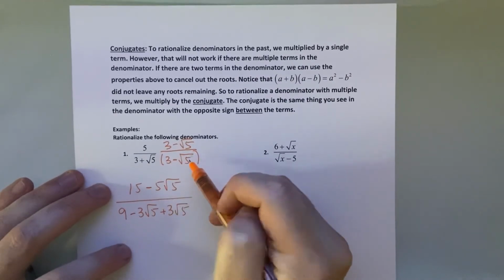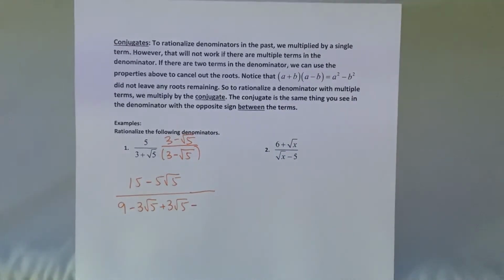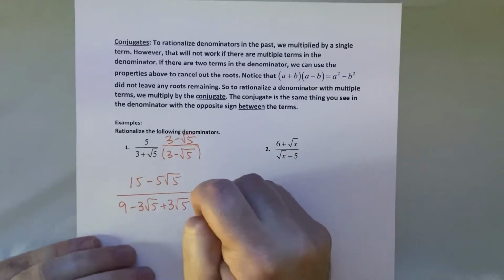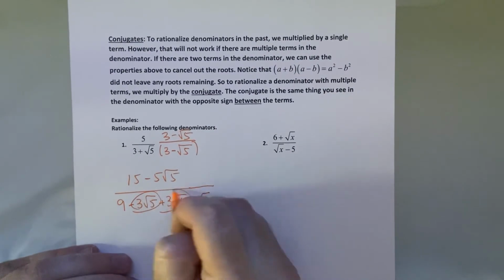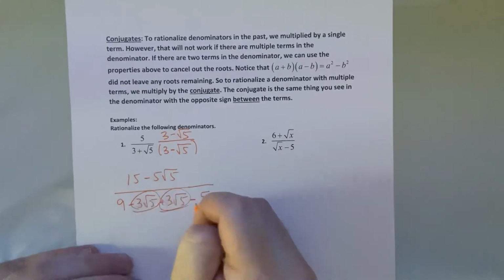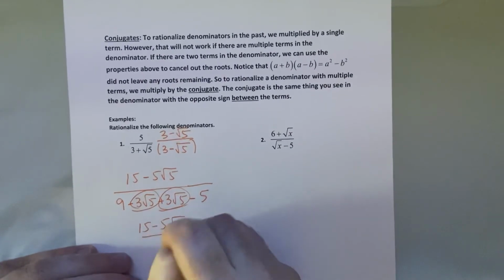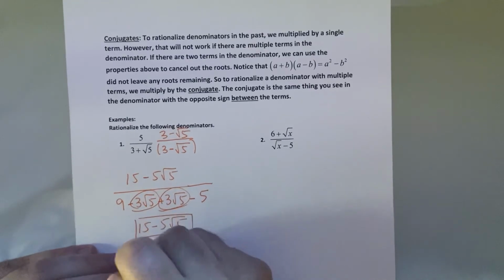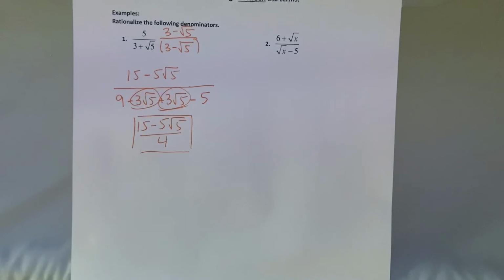Positive square root of 5 times negative square root of 5 is negative square root of 5 squared, which is just negative 5. Now again, middle terms cancel. So 9 minus 5 is 4. So this is 15 minus 5 square roots of 5 all over 4. And this is simplified with a rational denominator.